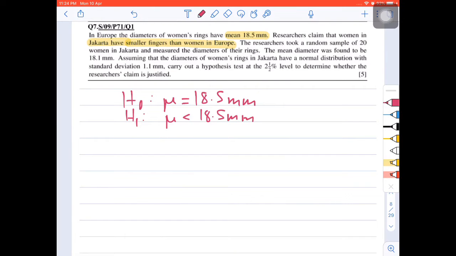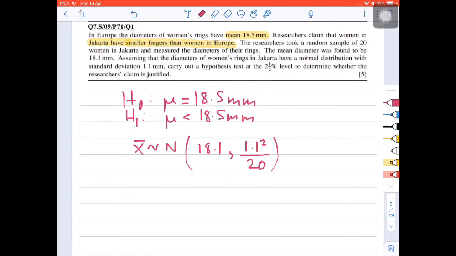Then the second step will be that using the sample data we find the z-test value. So the sample was of 20 people. The mean of the sample was found as 18.1. So we can say that x bar follows normal with mean 18.1, and the deviation of the population is given as 1.1. So we can use the population's deviation, square it, and then divide it by the sample size to get the variance.